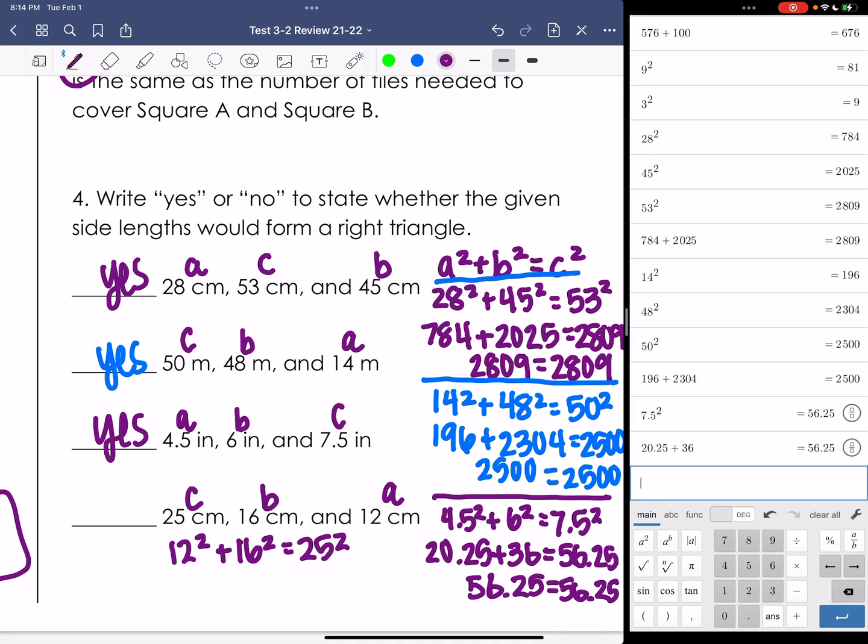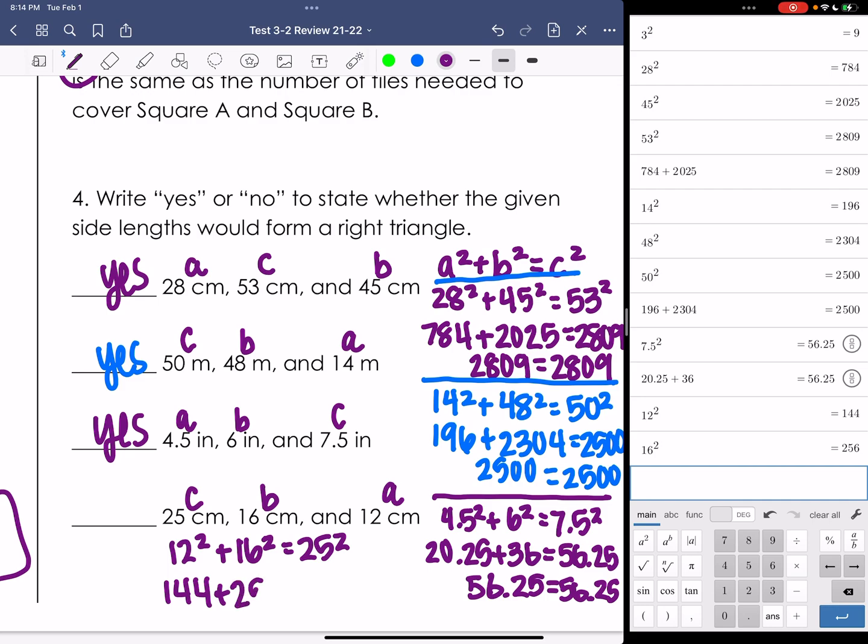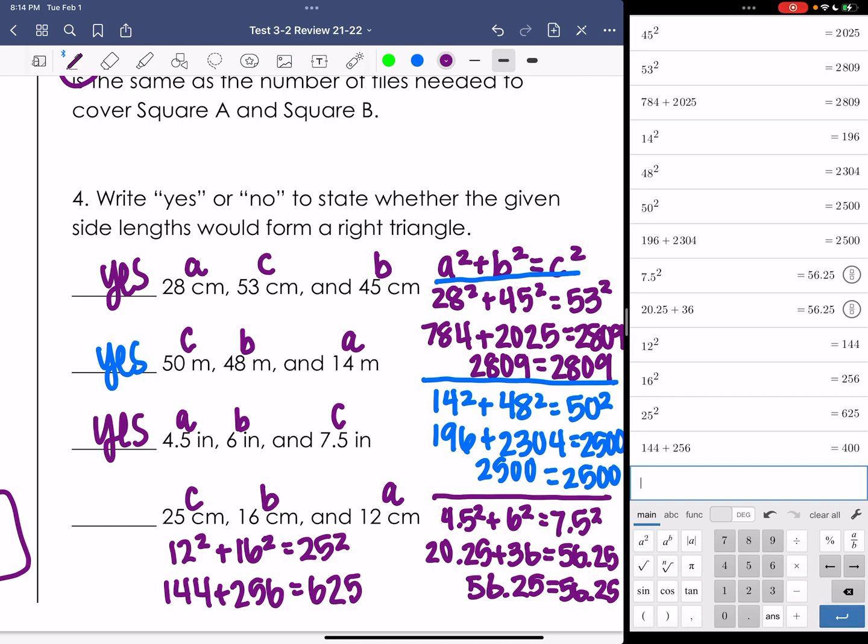So then we simplify. We have 12 squared equals 144 plus 16 squared equals 256. And this should equal 25 squared, which is 625. So then again, let's simplify. 144 plus 256 equals 400.